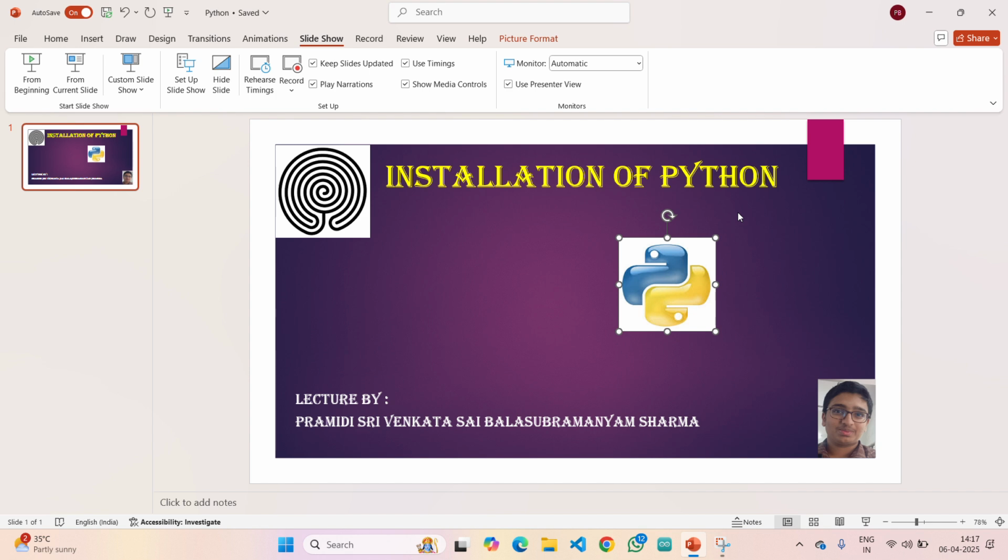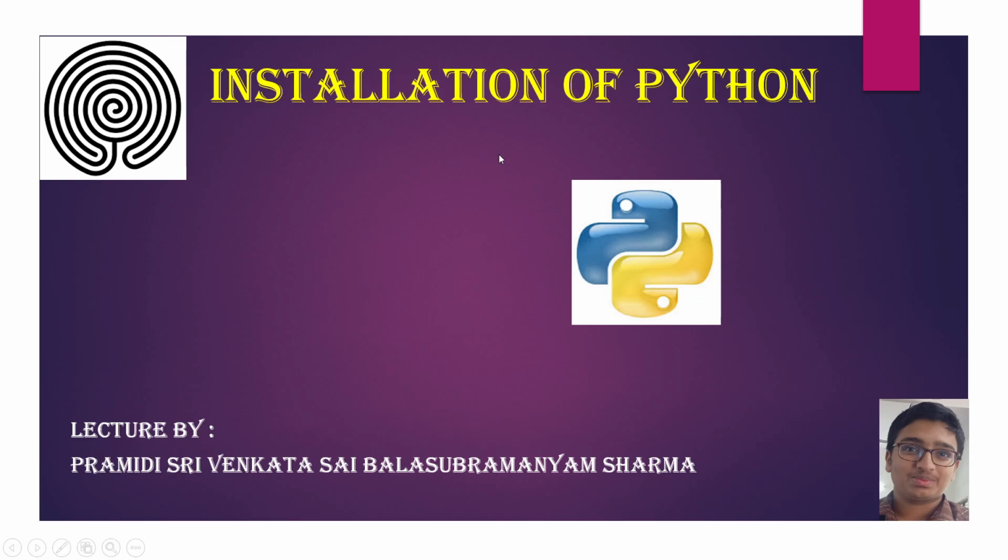Based on our requirements in various applications, we can use different packages, which we will install in the upcoming sessions. But this is only the complete installation of Python. One more thing is that few versions do not support OpenCV packages and all.